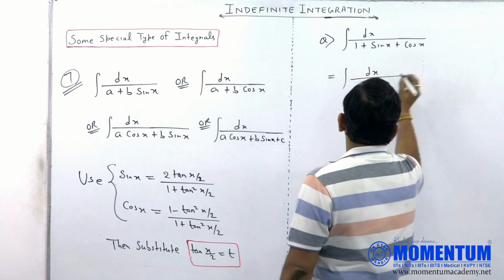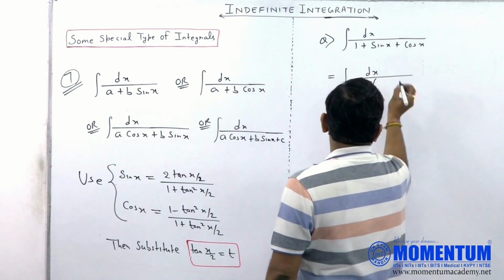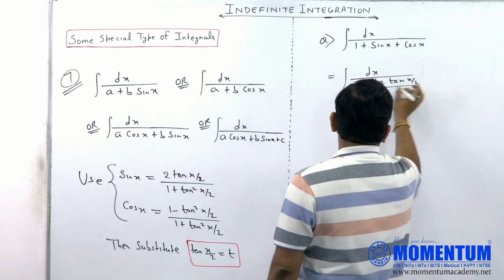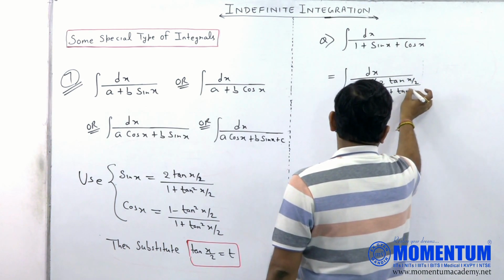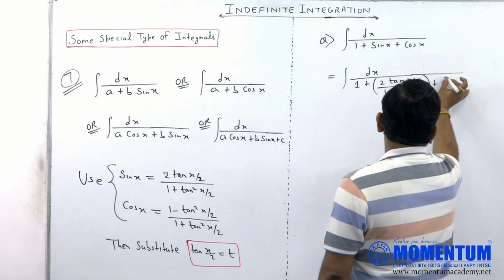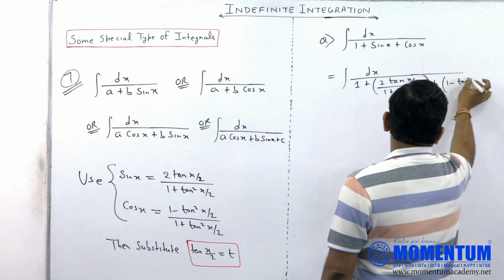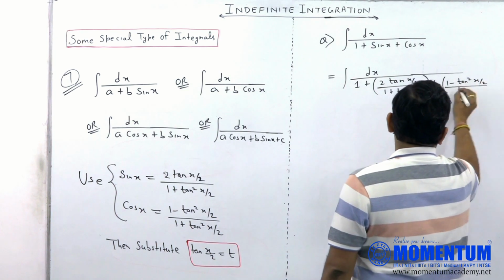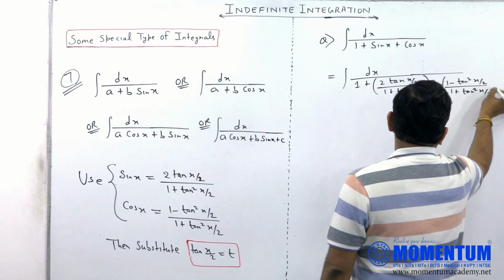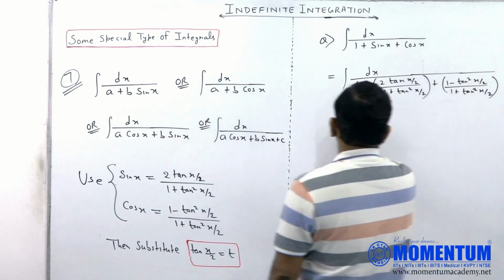Here I will use the formula of sine and cos in terms of tan x by 2.